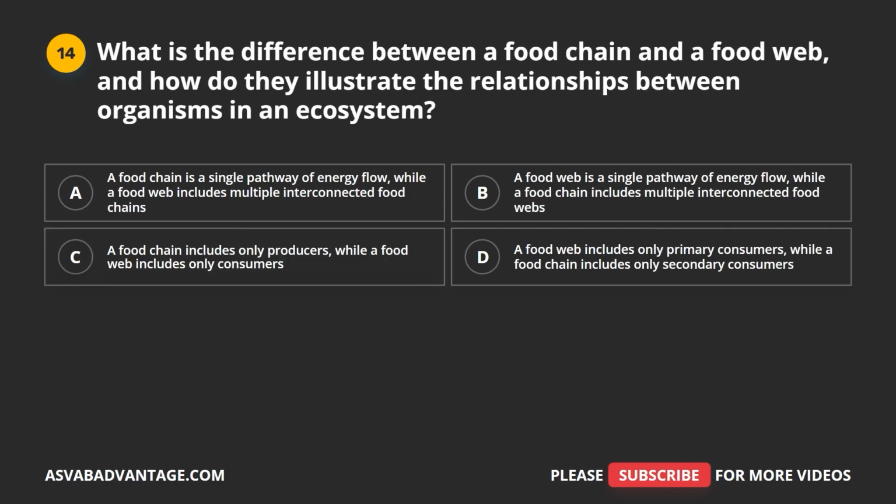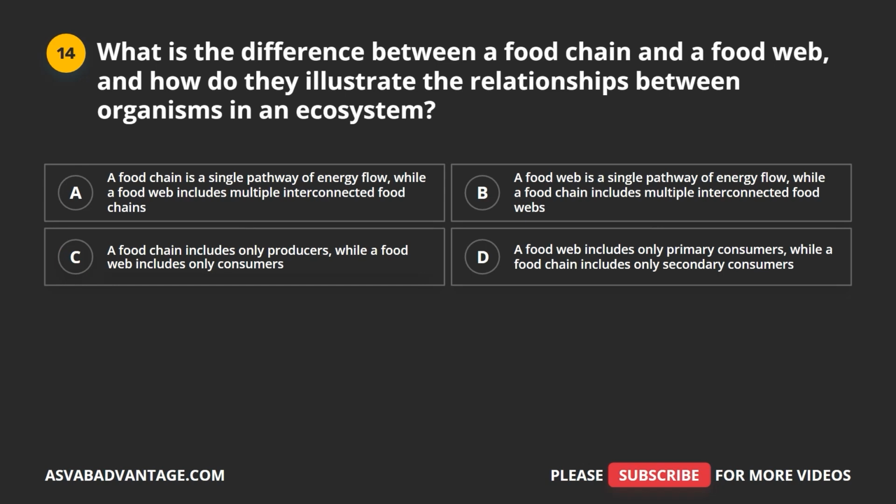Question 14. What is the difference between a food chain and a food web, and how do they illustrate the relationships between organisms in an ecosystem? A. A food chain is a single pathway of energy, while a food web includes multiple interconnected food chains.